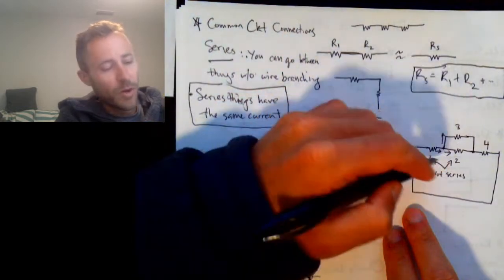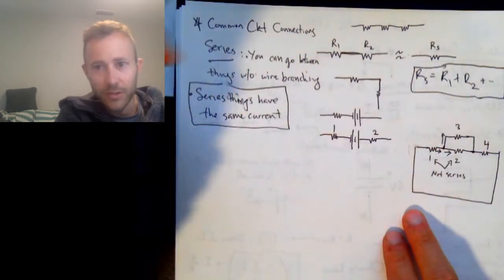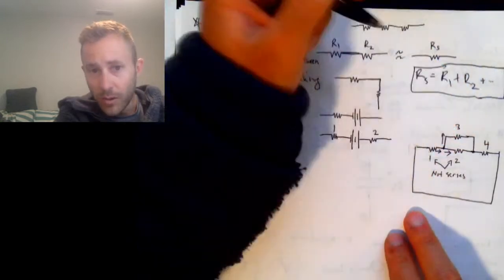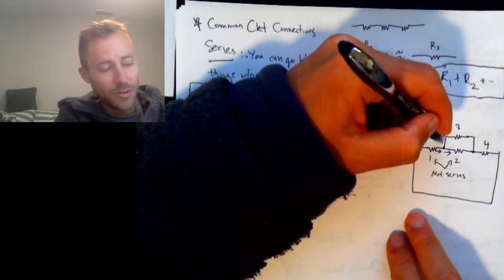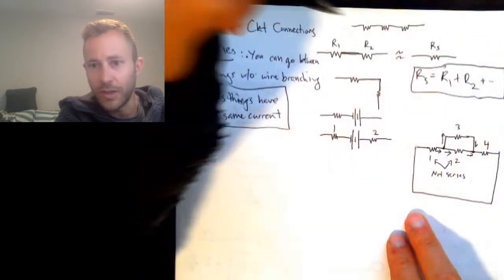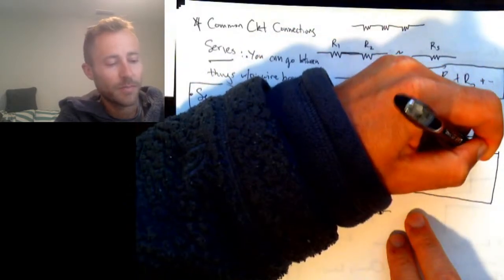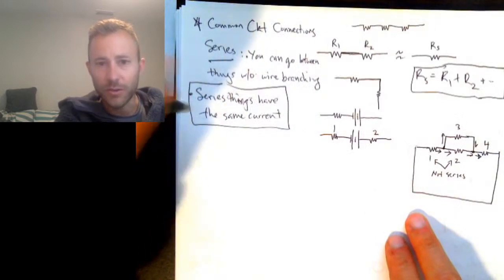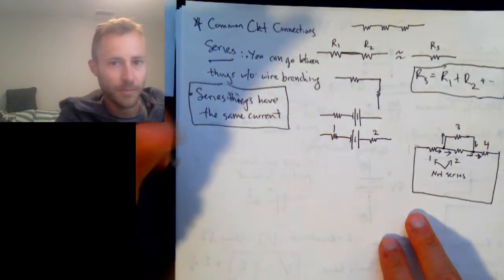However, because 1 and 4 are in series, they will get the same current. That's because these two currents will then come back together and rejoin to make the original current. So this is incredibly useful and important.